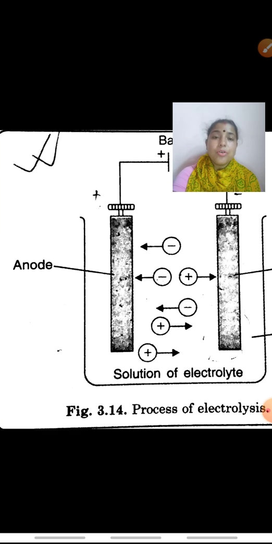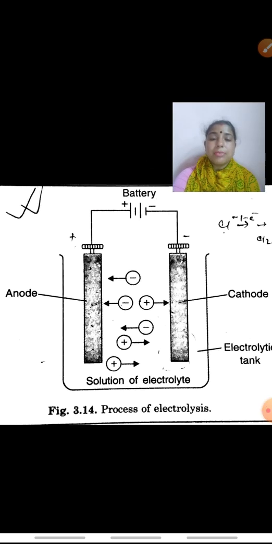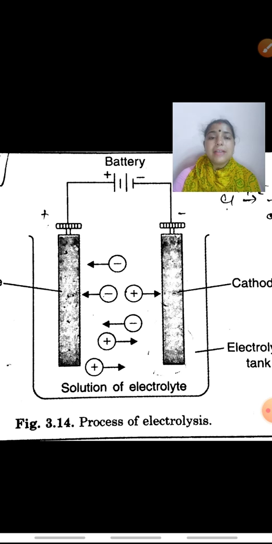But here, another difference between anode and cathode of electrochemical and electrolytic cell is that in case of electrolytic cell, you all can see the anode is connected to the positive terminal of the battery. Look at the diagram. The anode is connected to the positive terminal of the battery and the cathode is connected to the negative terminal of the battery.